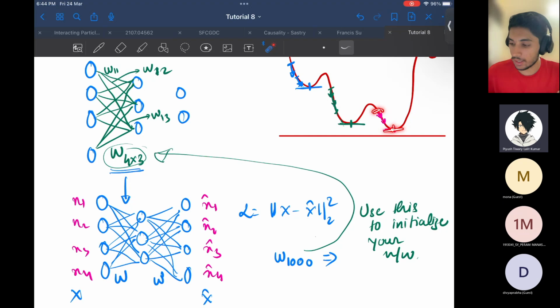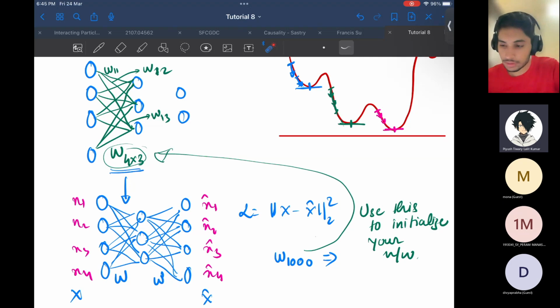And hence gradient descent would give you a better solution. This is the basic idea. There is no mathematical justification, no mathematical answer as to why this should work or why this won't work. It is observed empirically that this does work. That is why it is a heuristic method.